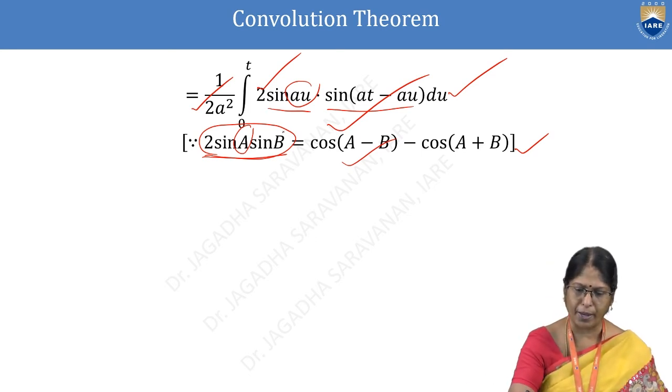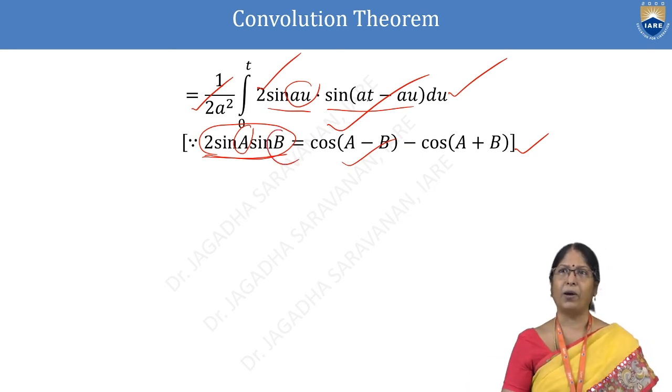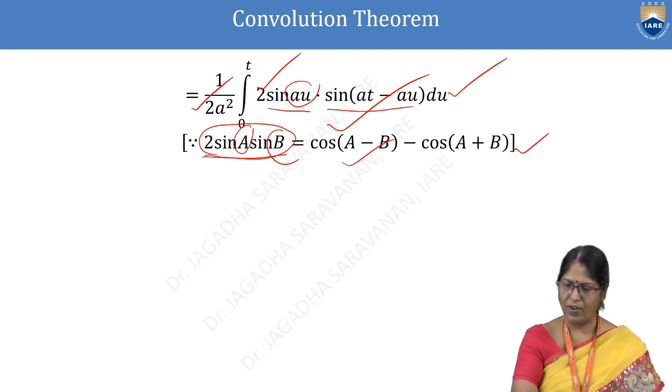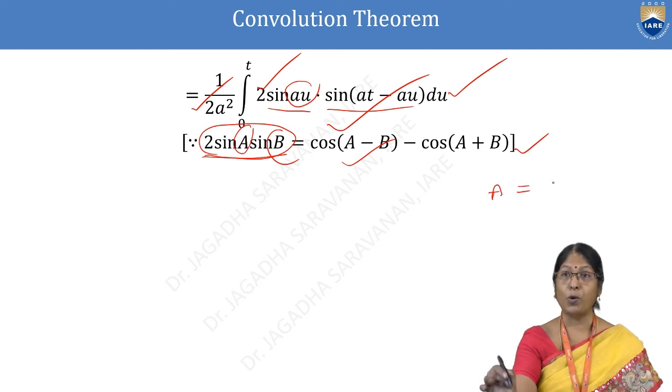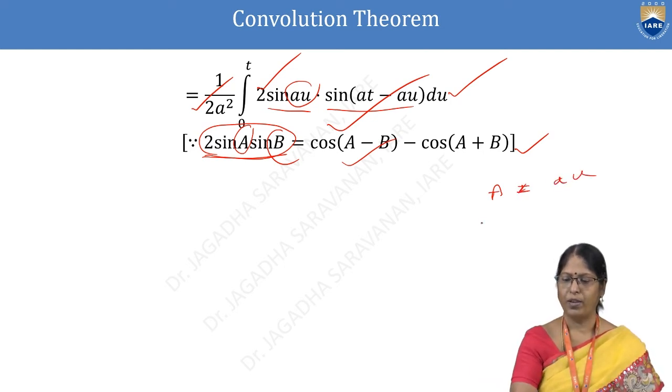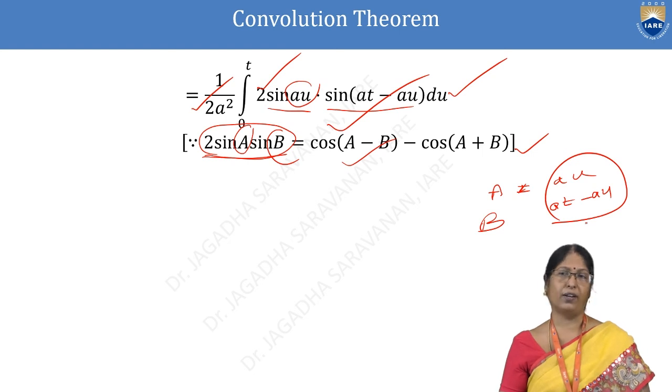What about B? Here it is at minus au. Now we will substitute: capital A is au, and B is nothing but at minus au. This is very, very clear now.